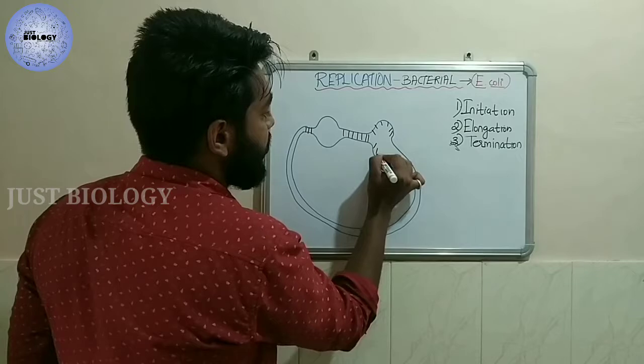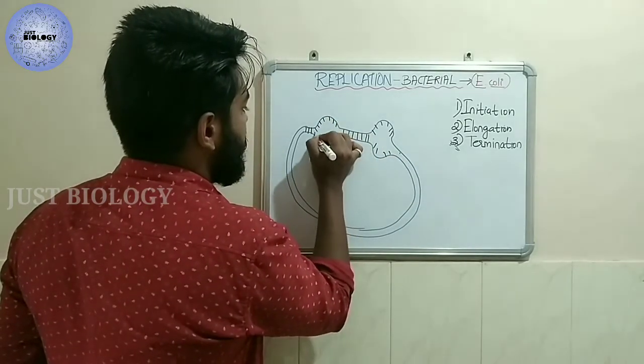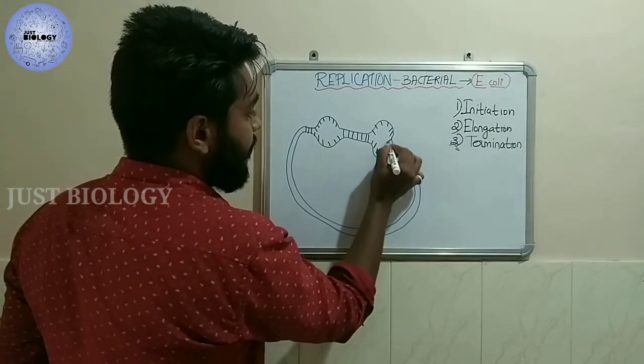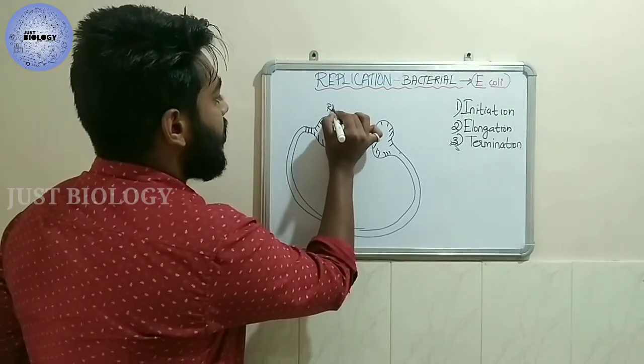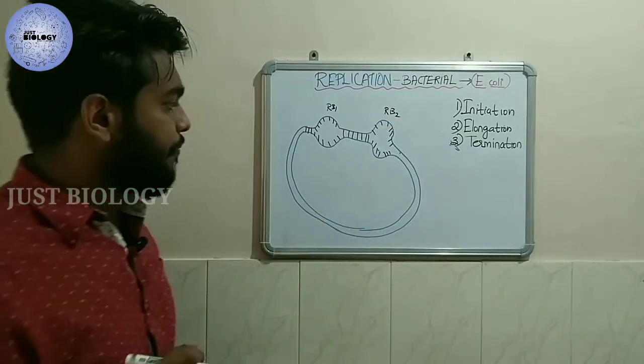This is a broken hydrogen bond, and here also. So this is the scenario: this is replication bubble RB1 and RB2. These are the two bubbles which they formed.